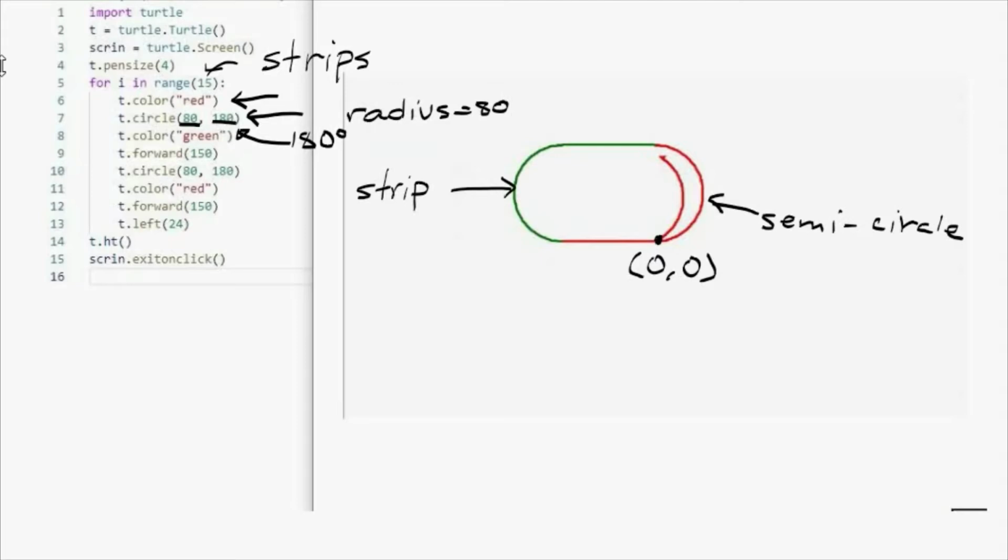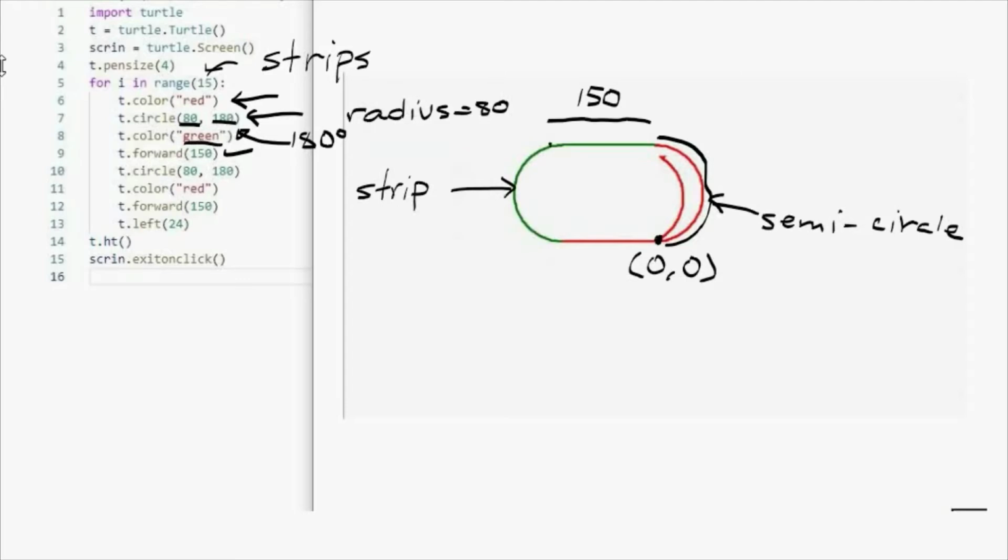After drawing this semicircle here, we draw this line here. This is a straight line and it is 150 pixels in length and the color is green.